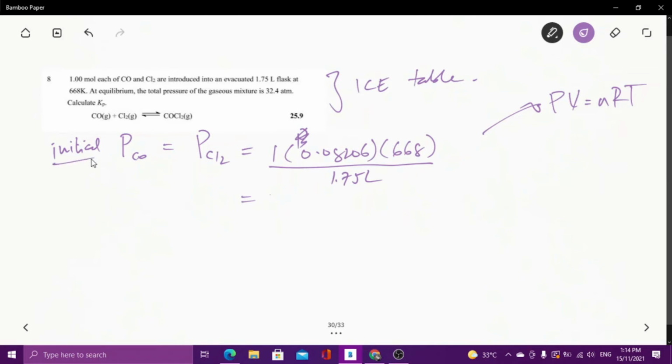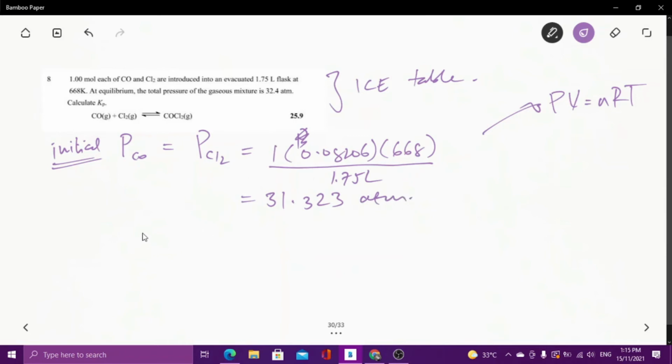So that will be our initial pressure. Calculating, 31.323 atm. Okay, so that's the initial pressure.